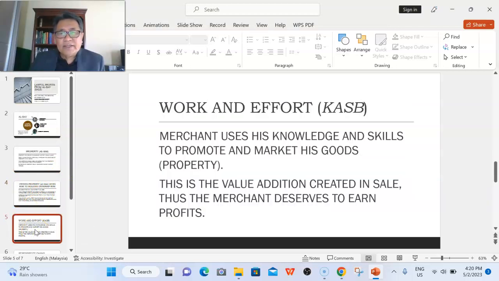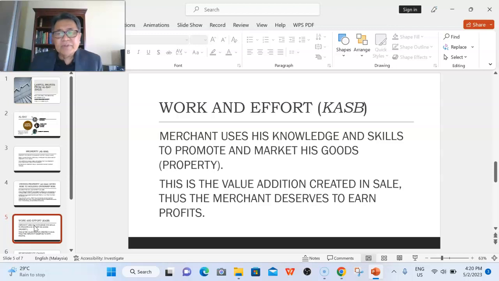The second one is work and effort. The merchant uses his knowledge and skill to promote and market his goods or his property. This is in the form of value addition created in the sale, because the merchant would somehow provide an extra distinction to the asset he sold, and therefore the value created from the promotion will increase the price, and therefore the merchant deserves to earn the profit.